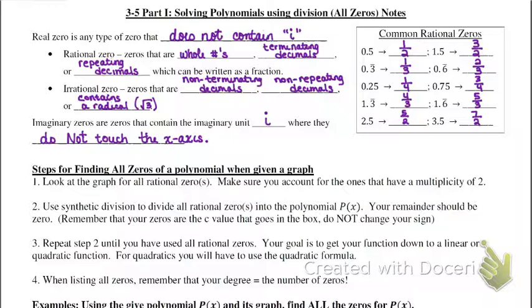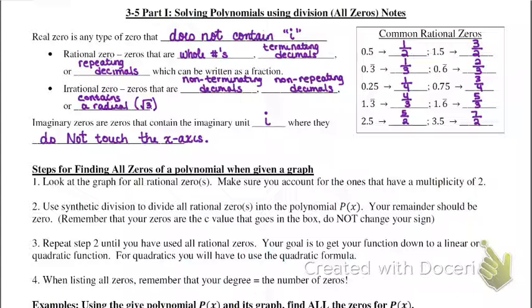You do not have to change your sign because we are not giving factors. We are going to repeat this step until we get our function down to either a linear or quadratic function, because I know how to solve both of those. If you can only get it down to a quadratic, you will have to use the quadratic formula.